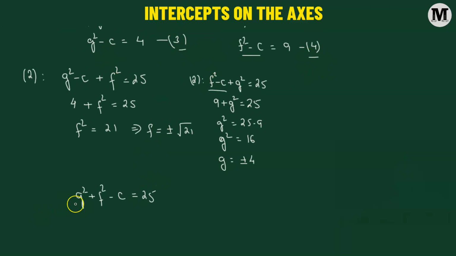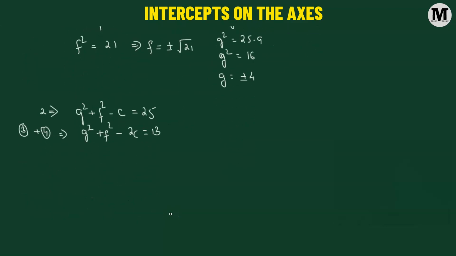So we're going to get g squared plus f squared minus 2c equals 9 added to 4, so that comes out as 13. Now we'll subtract the two equations. Here g squared and g squared cancel out because we're subtracting. F squared will also get cancelled out. Now negative c minus negative 2c gives us positive c. So this will be equal to 25 minus 13, so that comes out as 12. So now we have the value of c as well.